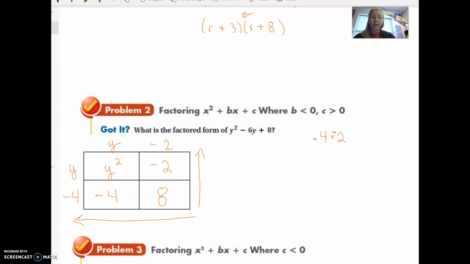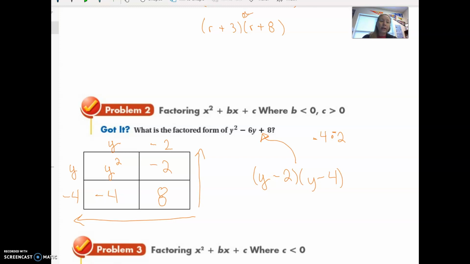So my answer here would be what's left on the top and what's left on the side here. And remember, the order doesn't matter in this case because they're both minus. So y -2, y -4, or you could flip those, but I'm not going to do that every time. So that is what I started with, and then this would give me this answer if I use the distributive property or the FOIL method.